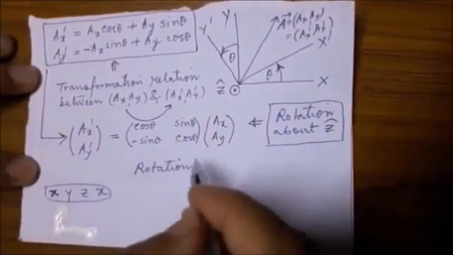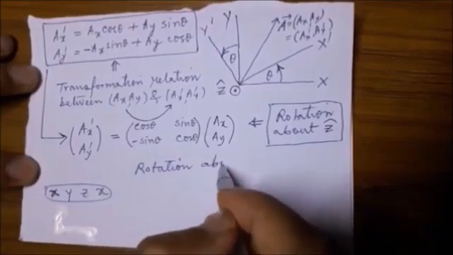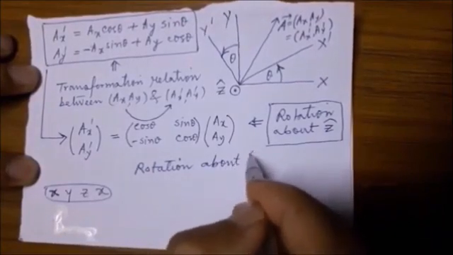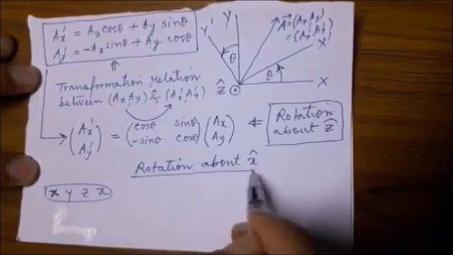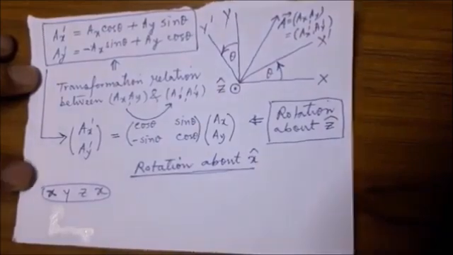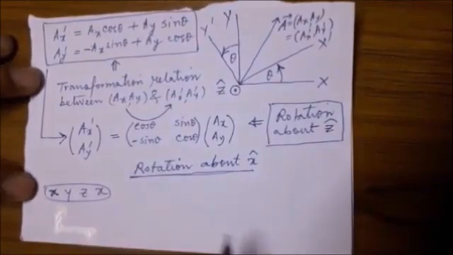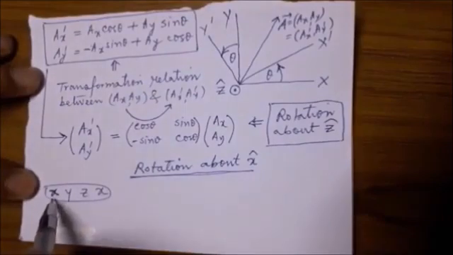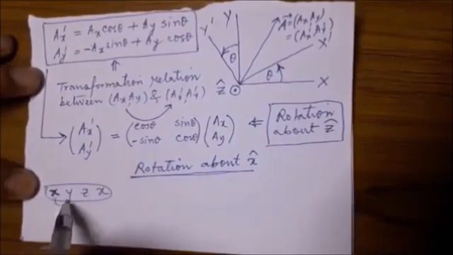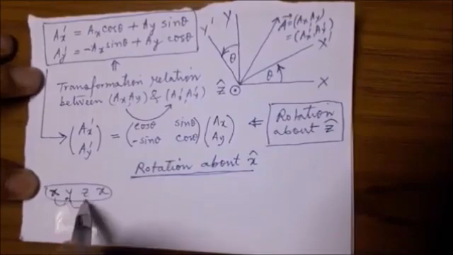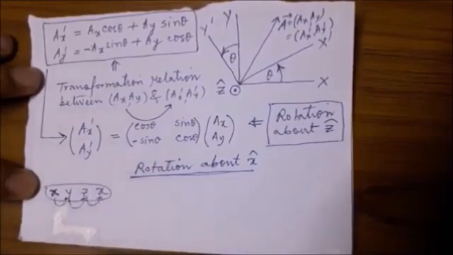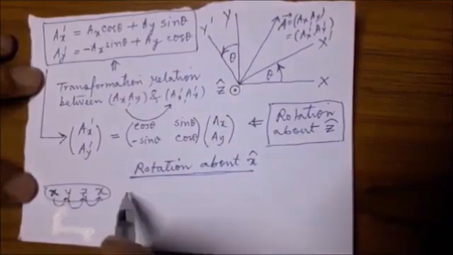So we are now considering rotation about x cap. So what we will do is, where we will find x we will write y, instead of y we will write z, and instead of z we will write x, and the job is done. So first the diagram.